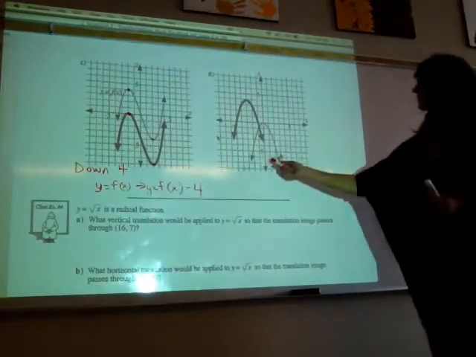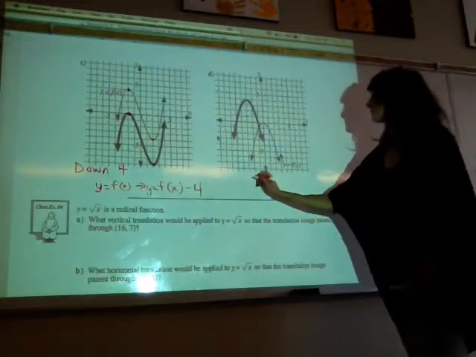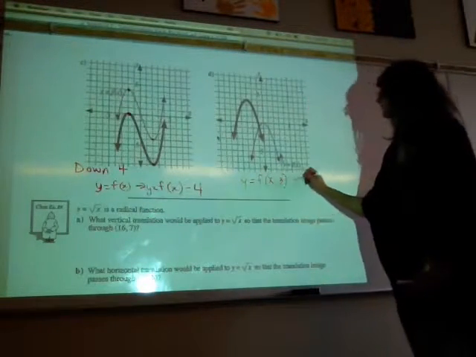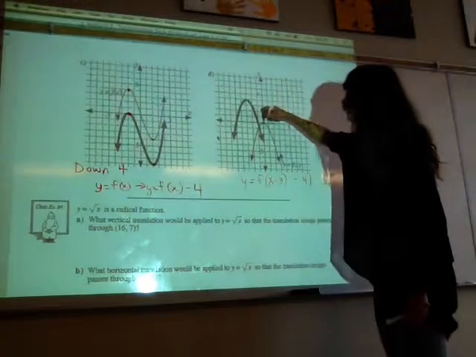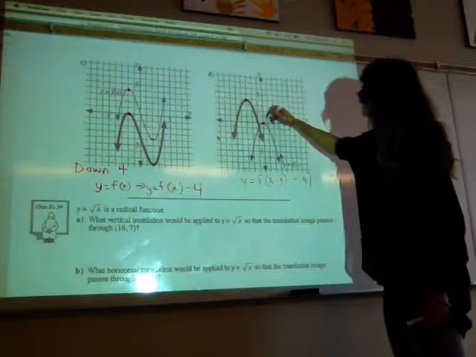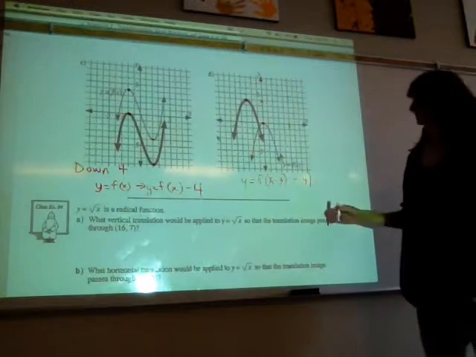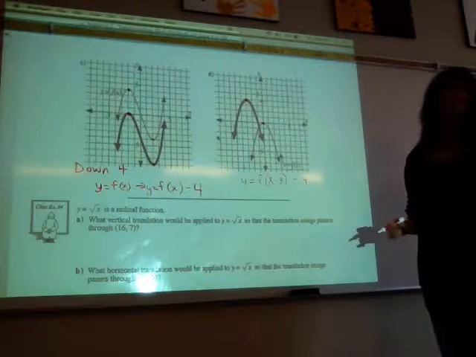Okay, Bruce, how about the next one? F of x minus 3 minus 4. Okay, so he thinks it's f of x minus 3 minus 4. So let's see, going from here to here, we've gone 1, 2, 3, 4, up. So is it still minus 4? I thought we were going, which was the original, thin or thick?